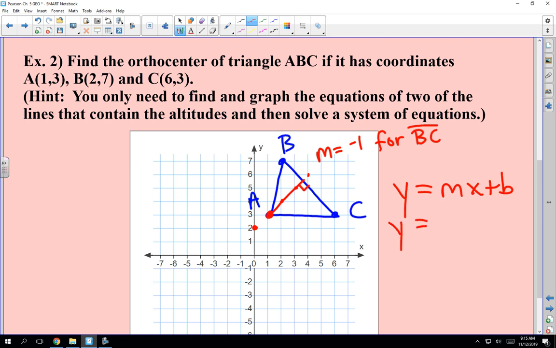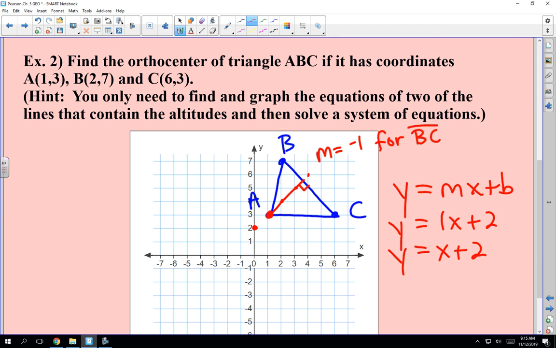What is the m of this line? It's 1. And what's the y-intercept? I can read it right off the graph. 2. I would write that as y equals x plus 2. They're just saying you need to find and graph two equations, so we did one. It's y equals x plus 2, and then you can use substitution or elimination to find where they intersect. Maybe we'll be able to tell from our graph. I don't know.